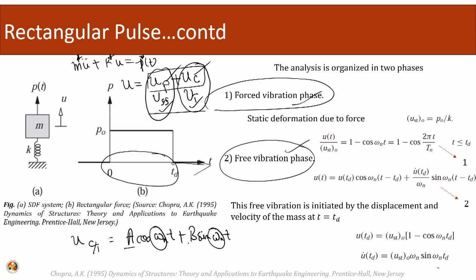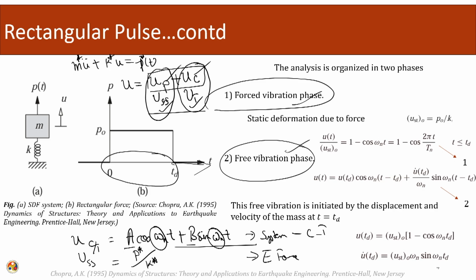We calculate A and B using the initial conditions. U steady state depends upon the forcing function, which is the signature of the external load, while the transient part comes from the system itself. Here the forcing function is P star, divided by K star, which gives the steady state response.